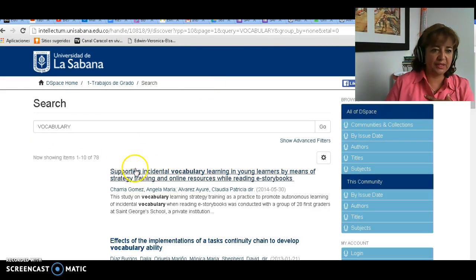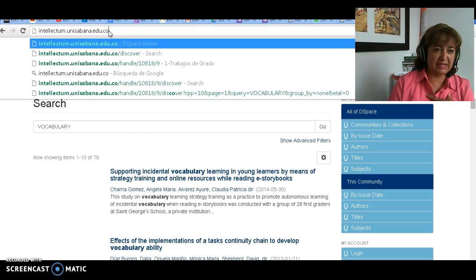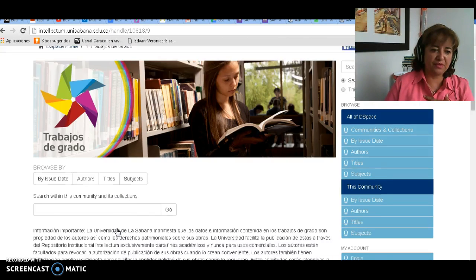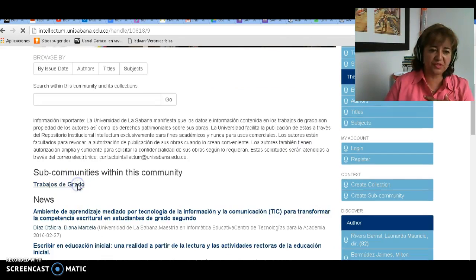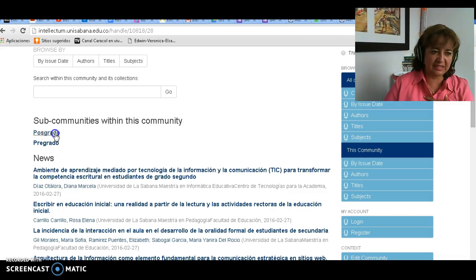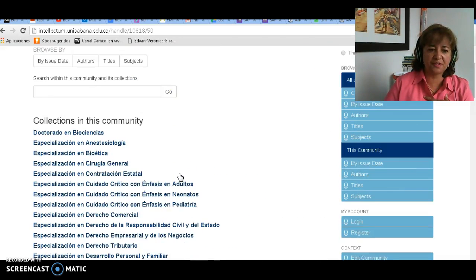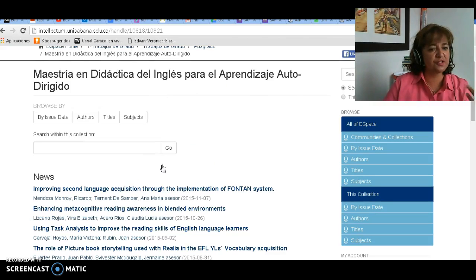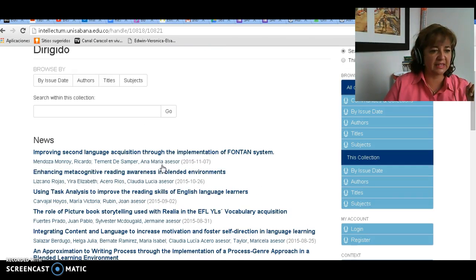The fourth aspect you should consider is any aspect regarding autonomy. Remember that since you belong to a master's program that is guiding you to foster independent study, to foster aprendizaje autodirigido, you should concentrate on a topic like that. Let's say, for example, metacognition.